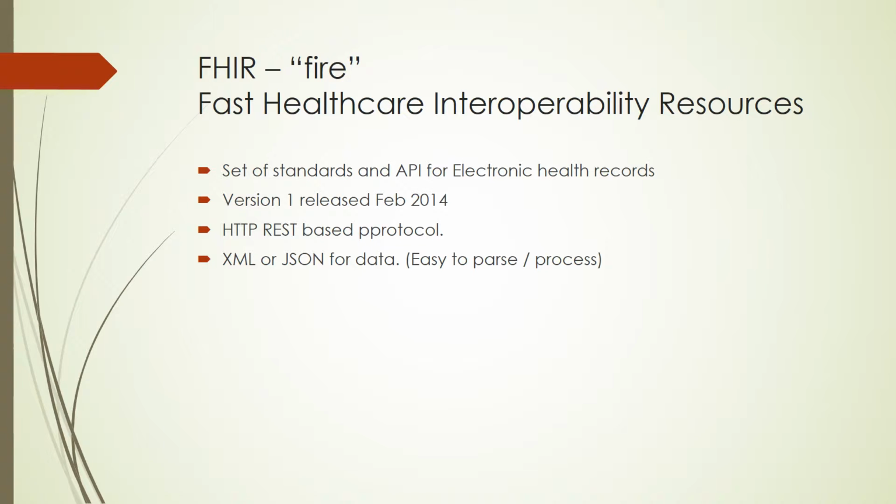A lot of languages have built-in libraries, like Python or Java or JavaScript, obviously, to grab the data and build objects or whatever you need to do, and it's interoperable between languages or between systems.